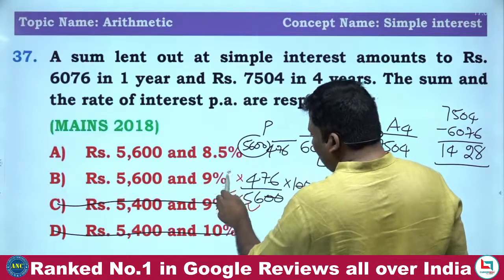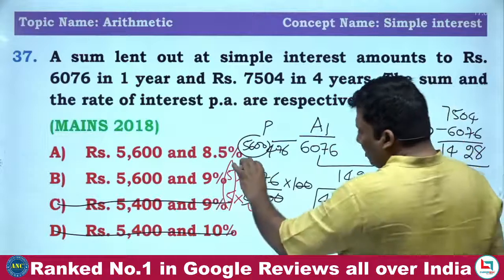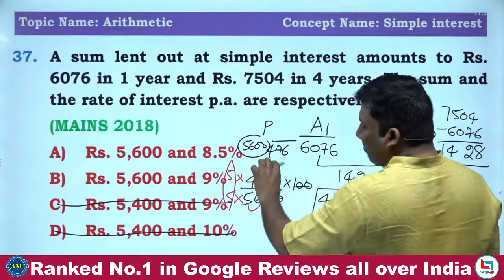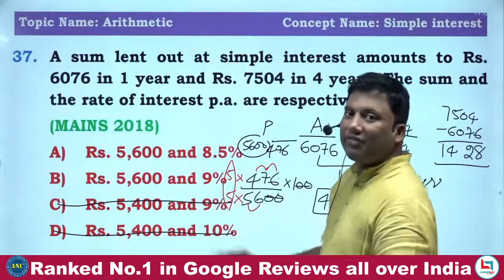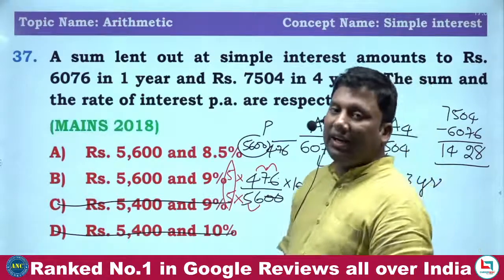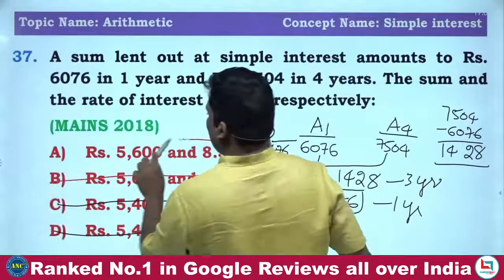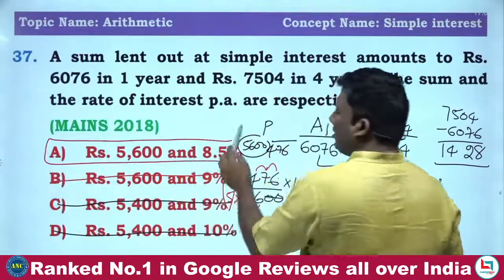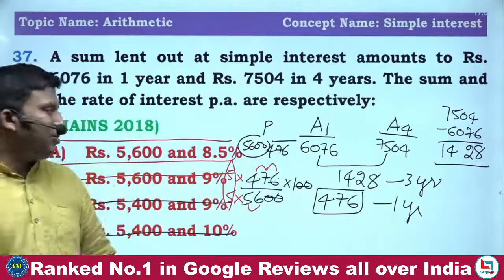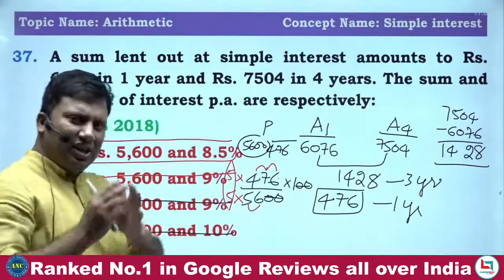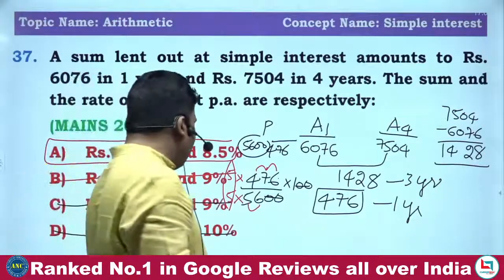Multiply it by 5, numerator and denominator. 4 plus 7, 11. 11 plus 6, 17. 17 it is 8. 8 5s are 40. 40 digital sum should be 4. It is 9, not possible. Answer is 5,600 and 8.5 percentage. Very logically, step by step, we will get the answer.